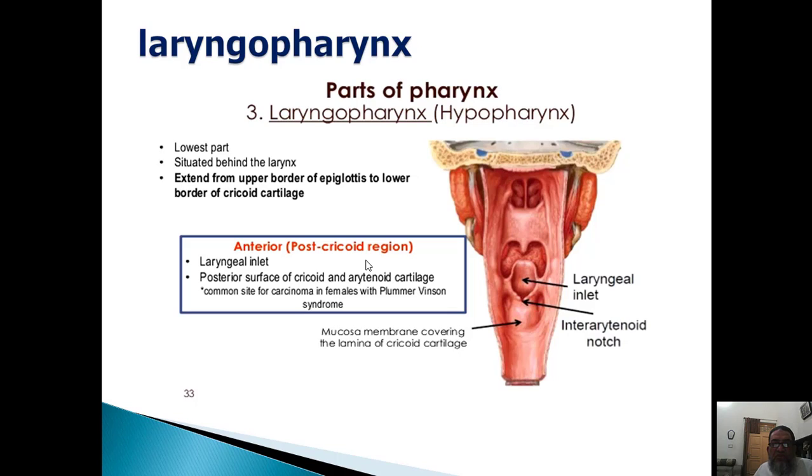Laryngeal inlet, posterior surface of the cricoid and arytenoid cartilage form the boundary. It is a common site of carcinoma in females and in Plummer-Vinson syndrome, PV syndrome. It is also called the hypopharynx.